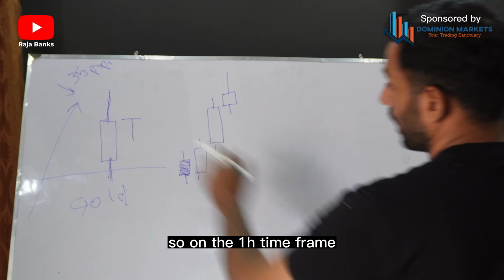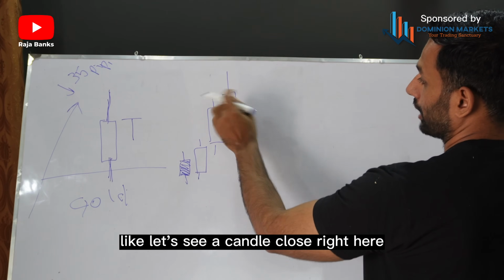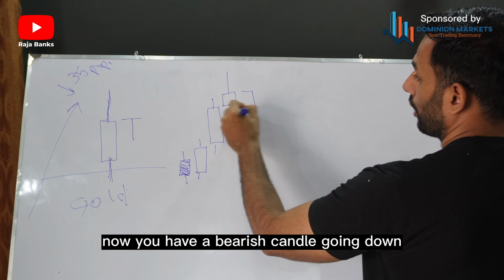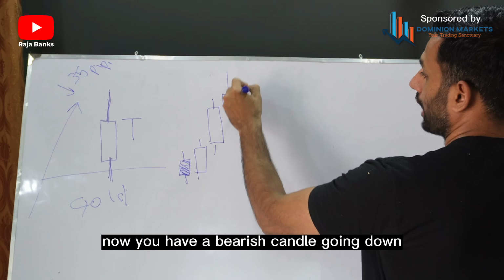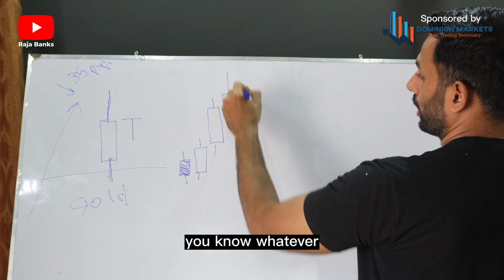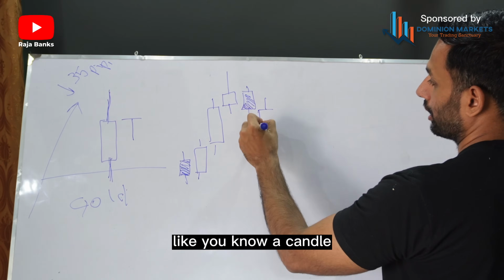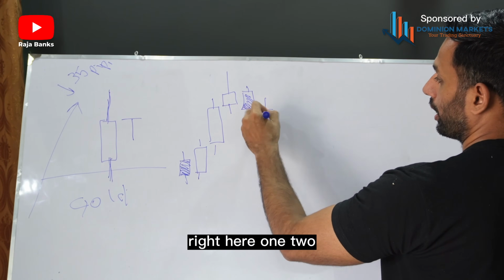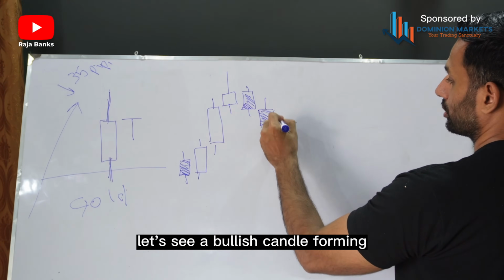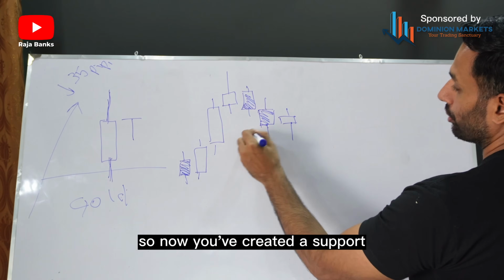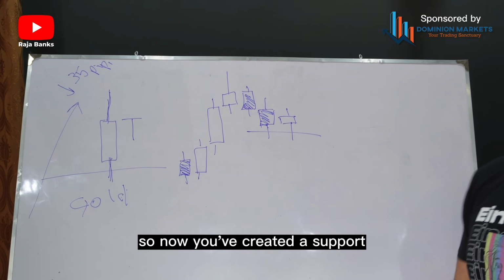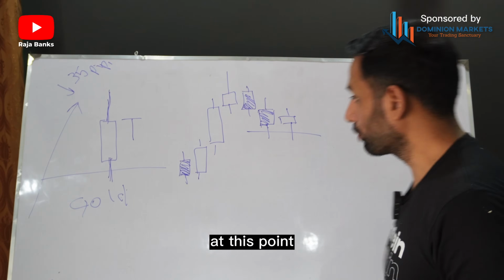So on the 1-hour time frame, it may look something like this. Let's say the candle closed right here. Now you have a bearish candle going down, creating a retracement. You have another bearish candle going down right here, 1, 2, and then you have, let's say, a bullish candle forming. So now you've created a support at this point, right?